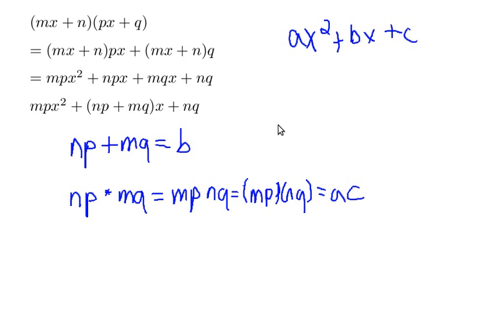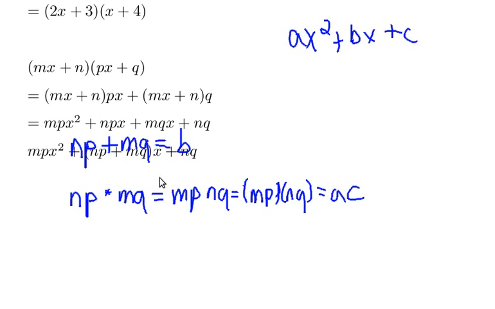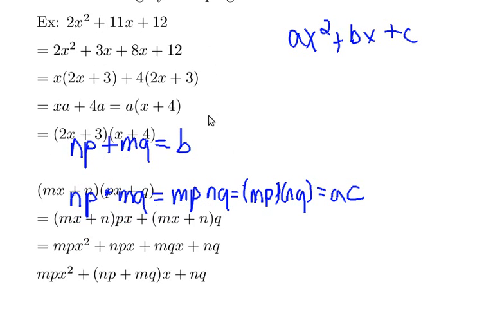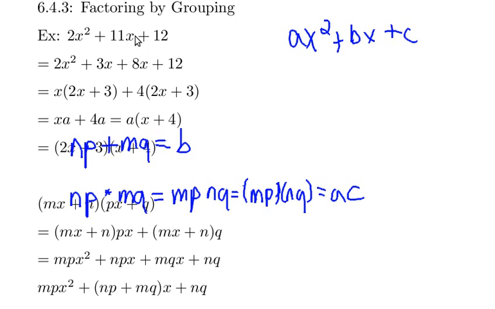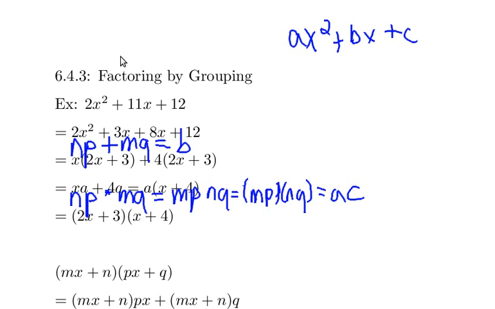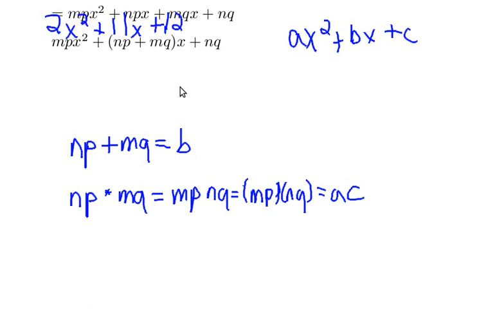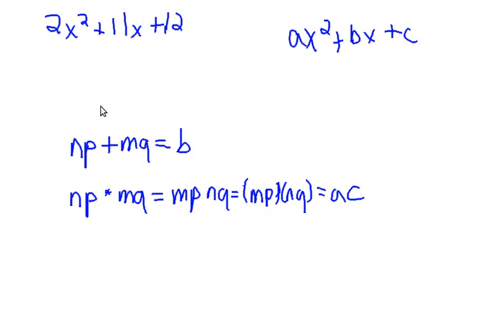So, to go back to the previous example, you'll excuse me if I scroll without clearing this off. So to go back up to this previous example, I'll write this up here. So we have 2x squared plus 11x plus 12. Okay, so now let's get this in a place where you can see everything. So we know that np plus mq equals b. We want to find out what np plus mq is.